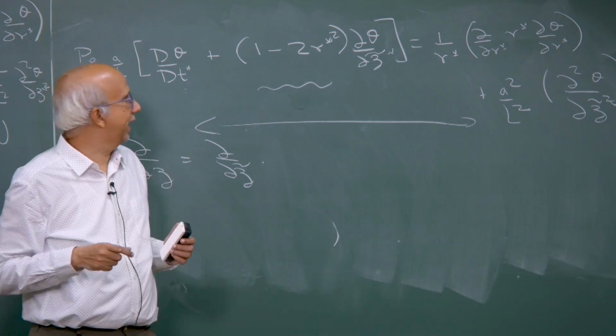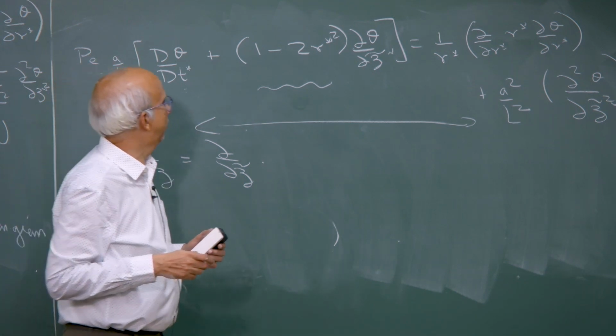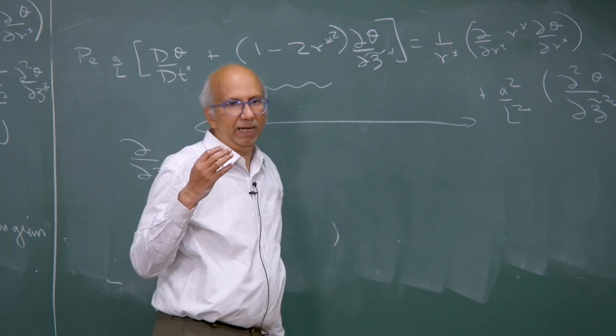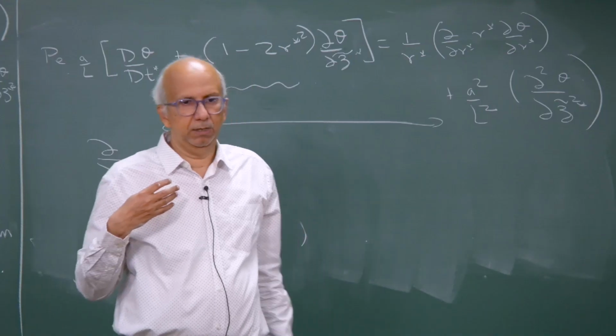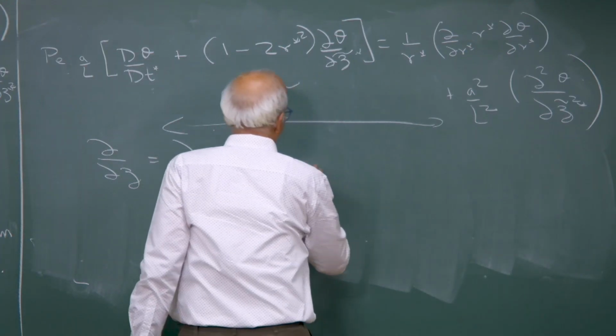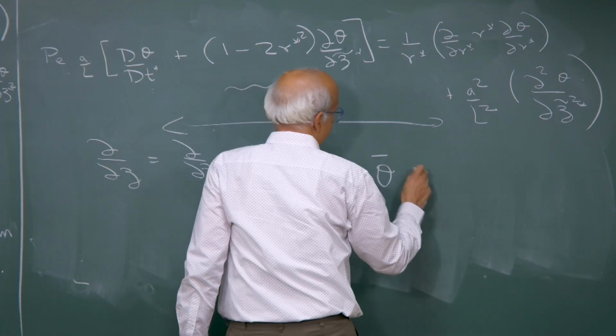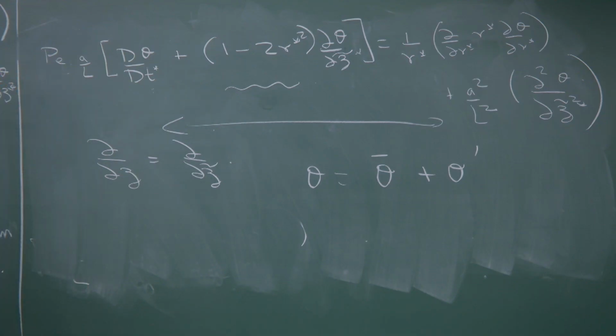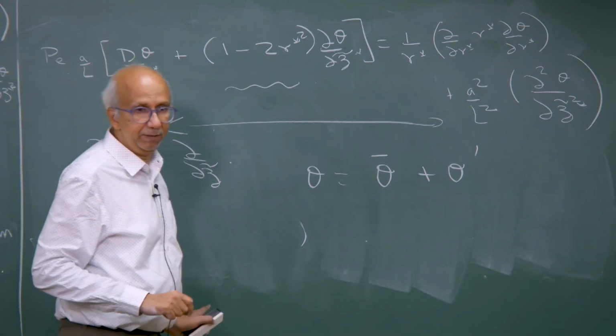Okay. And what I will do is now write all these quantities, the temperature, as an average value plus a deviation from the average value. So, what I am saying is I am going to write theta as theta bar plus theta prime. Theta is a function of r, z and t.